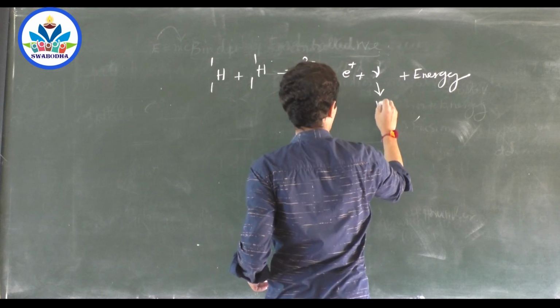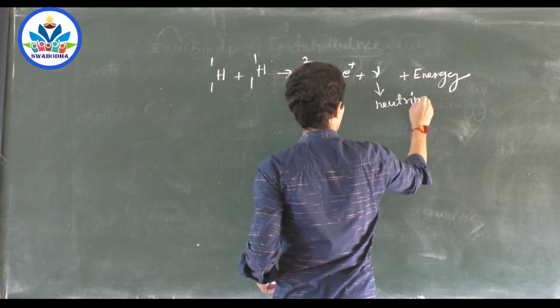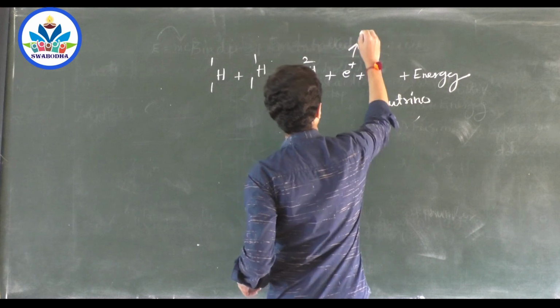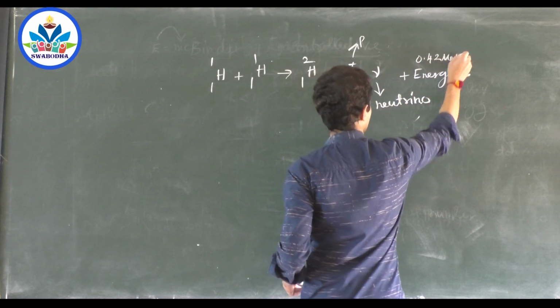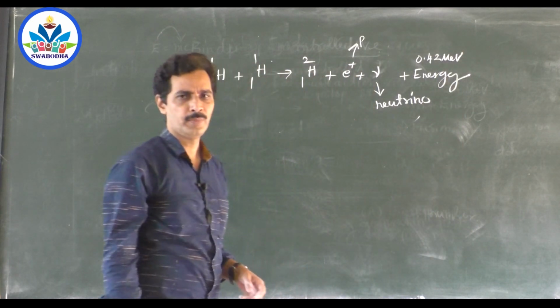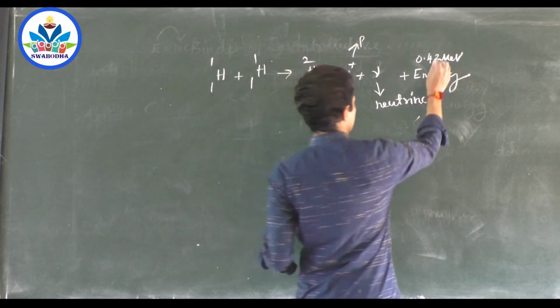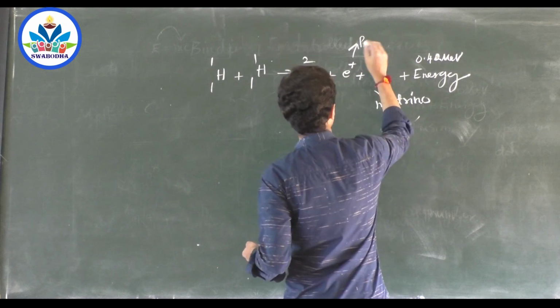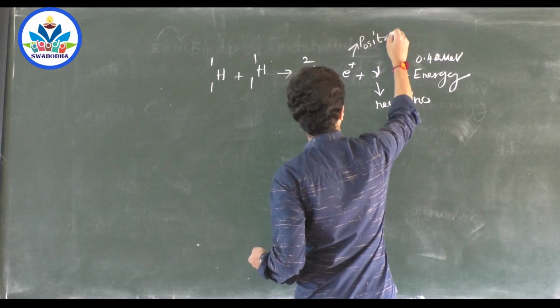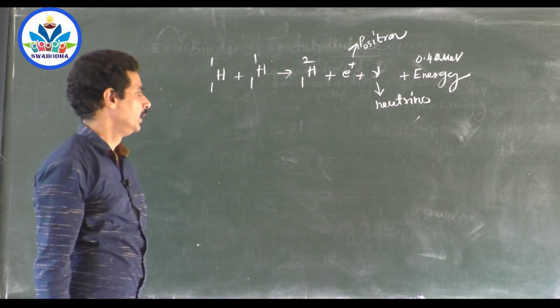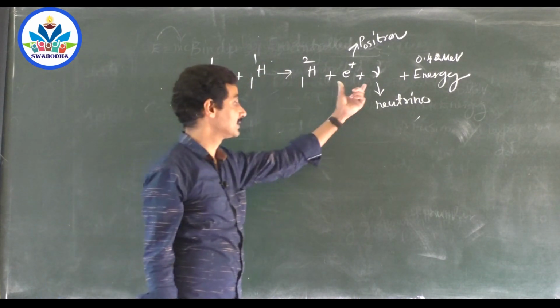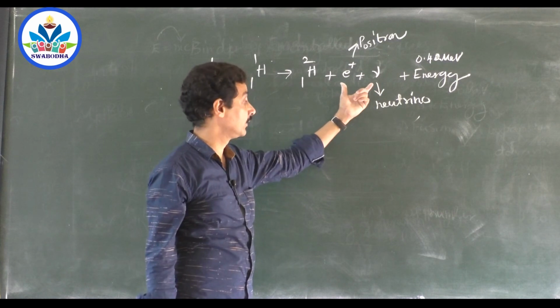This is the neutrino, and this is the positron, and this is about 0.42 million electron volts of energy. As I remember, it is 0.4 something million electron volts, and I will check it later. So this is the positron and this is the neutrino. These particles are also emitted. We will come to these particles.